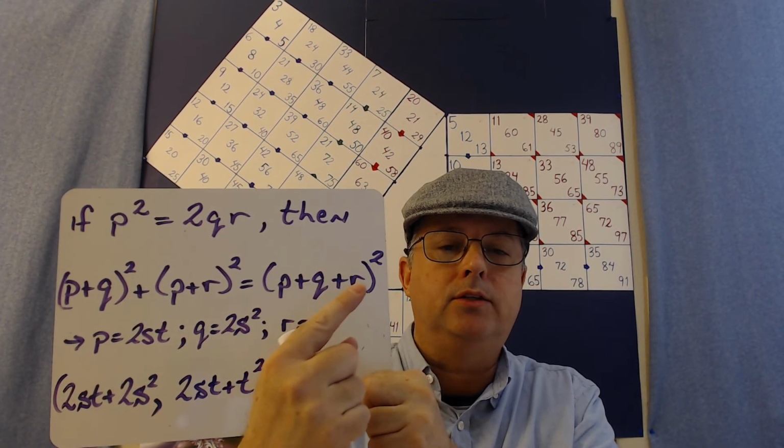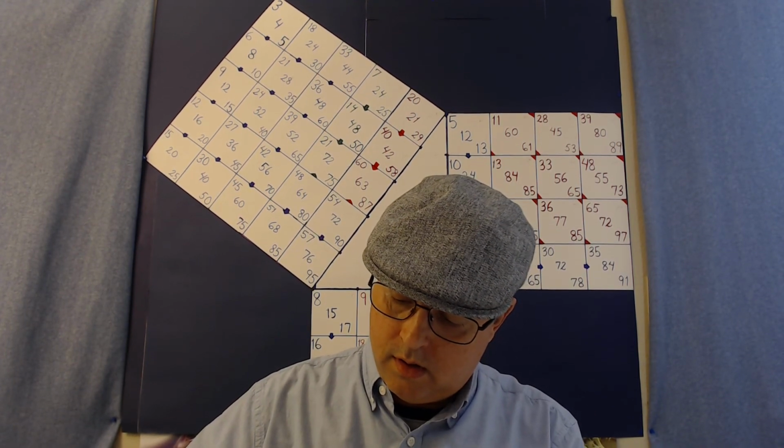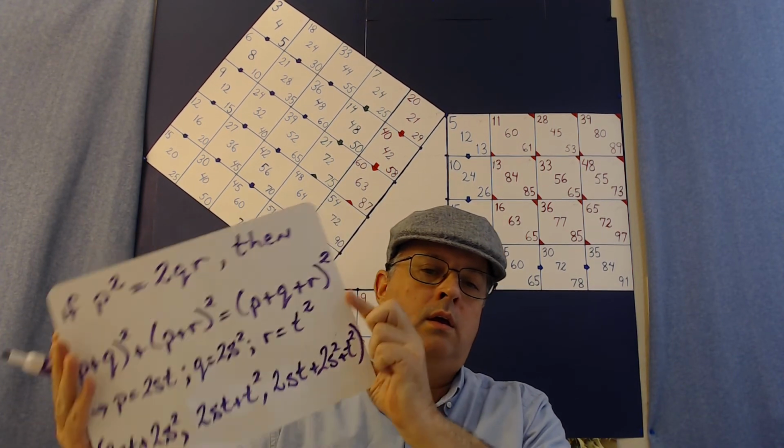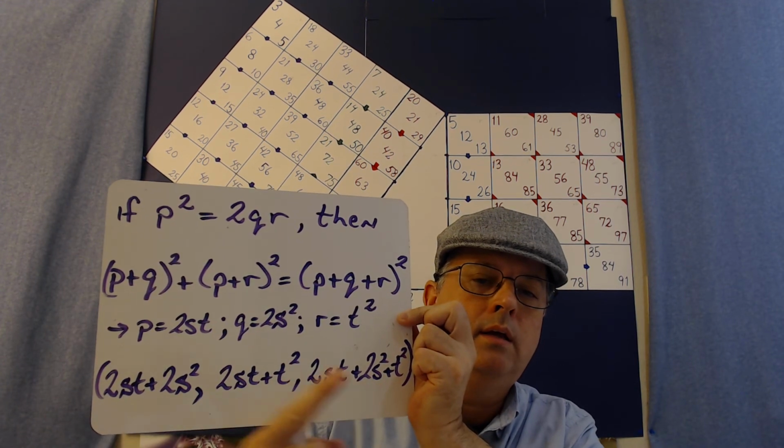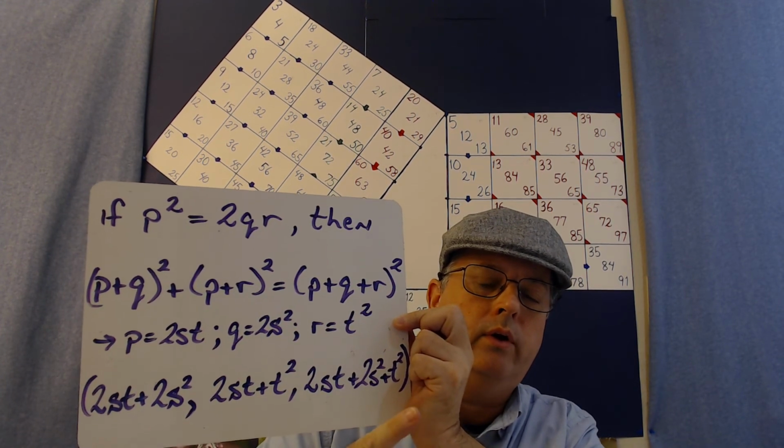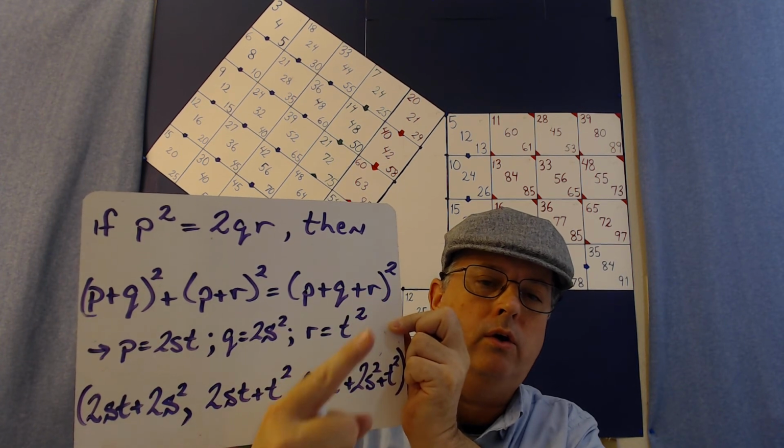And then p plus q plus r will be 2st plus 2s squared plus t squared. Okay. And so p is 2st, and q is 2s squared, and r is t squared.